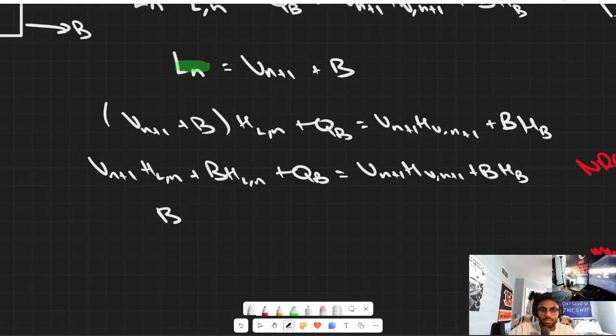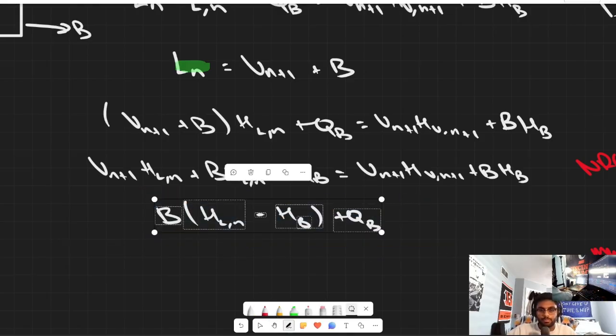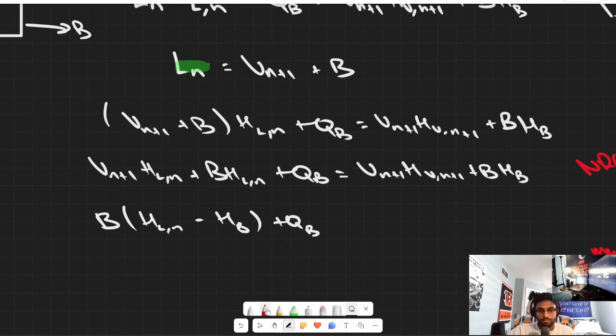So this is going to be B times liquid enthalpy minus bottoms enthalpy, plus QB, the boiling heat, equals Vn plus 1 times the vapor enthalpy minus the liquid enthalpy. I'm going to do the same thing as last time.